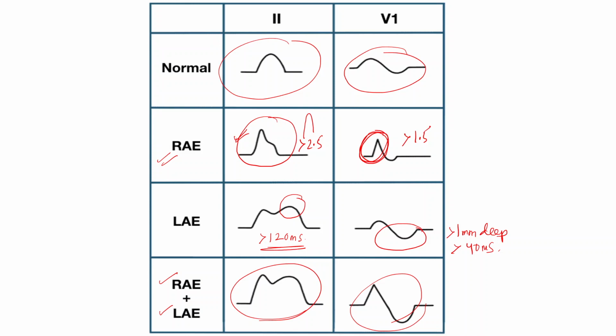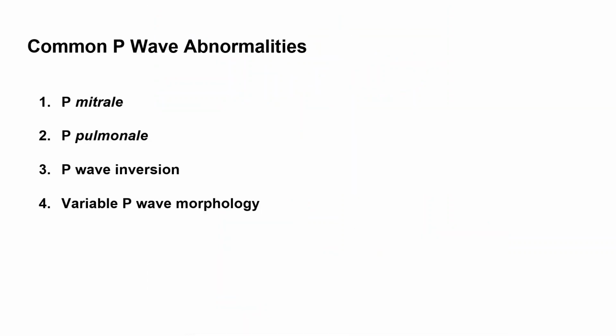Okay. Now, what are the other abnormalities? We have discussed P mitral, that is the bifid P wave due to left atrial enlargement. We have discussed P pulmonale, that is the tall P wave due to right atrial enlargement. Now, what are the other things? In which condition do we get P wave inversion and in which condition do we get a variable P wave morphology?